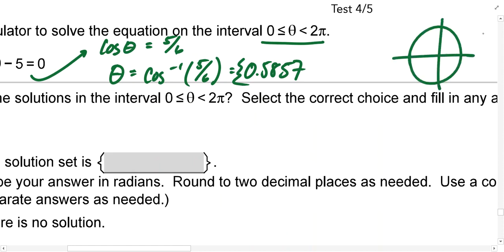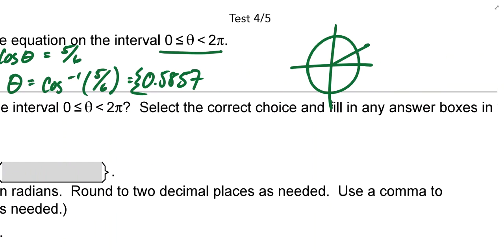Speaking of the unit circle, 0.58 radians is somewhere over here. When does our x value equal 5/6? Well, that's here, but it would also be down in this position as well. This angle down here produces an x coordinate of 5/6.